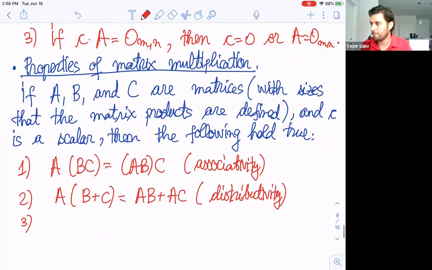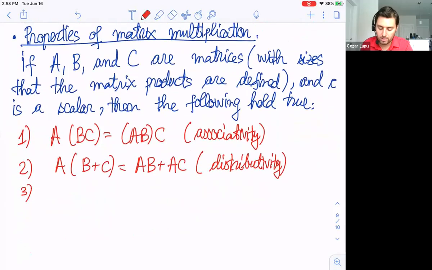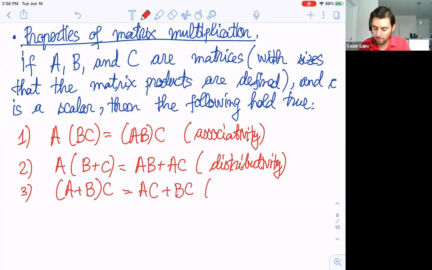The third one: you see, I multiply by the matrix A to the left. Now, what if we have A plus B, everything times C, so I'm multiplying by the matrix C to the right. Again, it will be AC plus BC. This is also distributivity. The first one we can call distributivity to the left, and this is distributivity to the right.